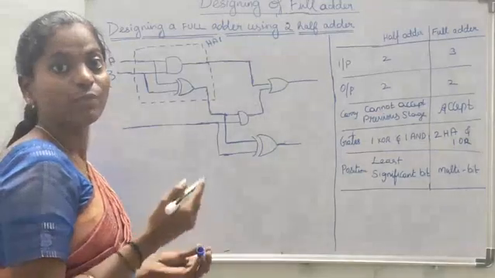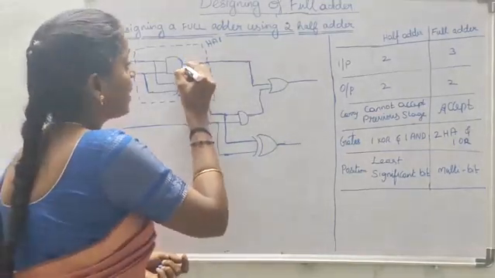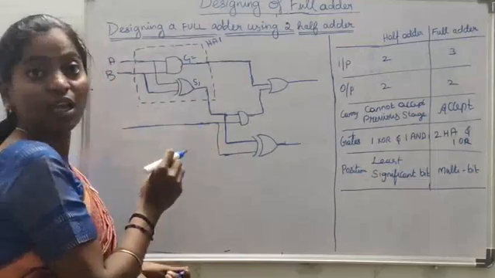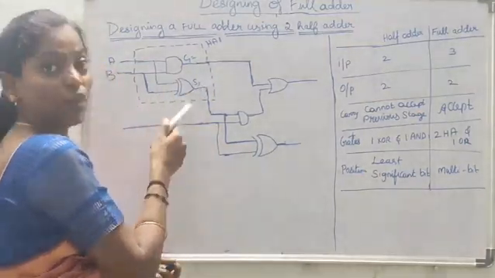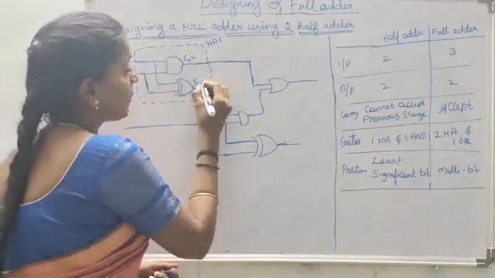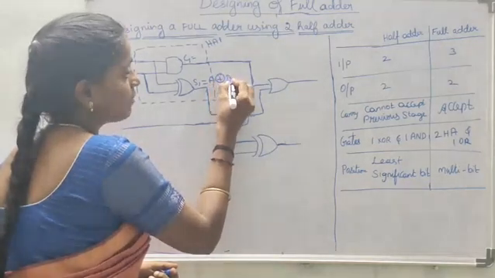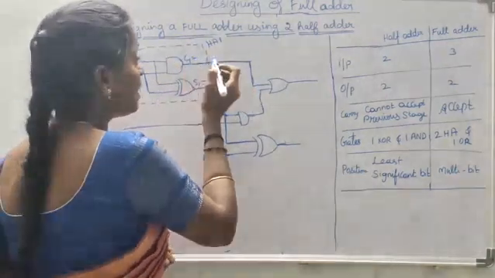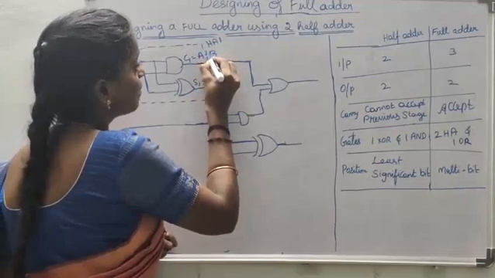The first half adder produces an intermediate sum and an intermediate carry. The intermediate sum S1 is obtained by performing A XOR B, and the intermediate carry is obtained by performing A AND B.